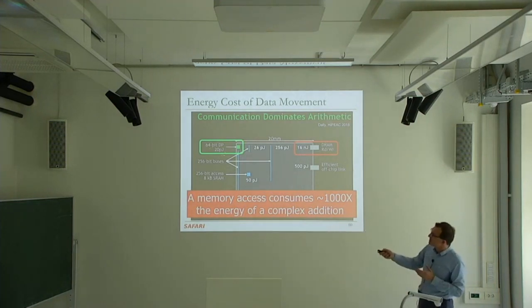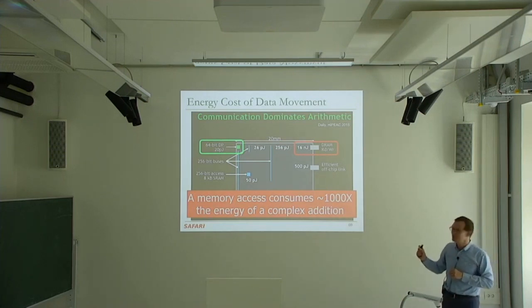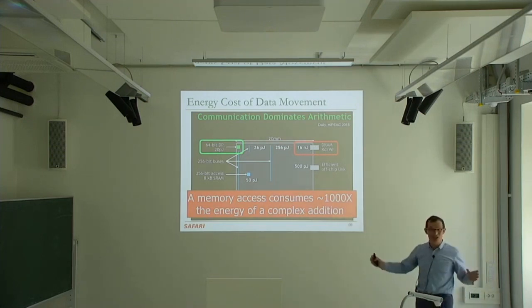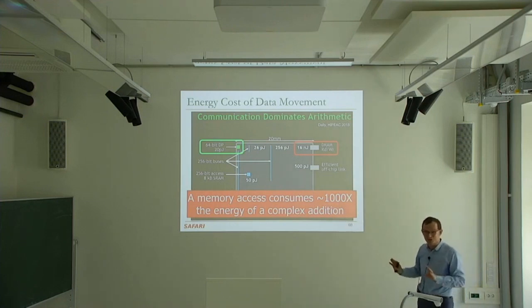This is the energy cost of a 64-bit double precision floating point operation. It's 20 picojoules. And this is the energy cost of a single DRAM read or write, 16 nanojoules. So clearly there is an 800x difference. I'll take the liberty of making that 1,000x. So 3 orders of magnitude difference.